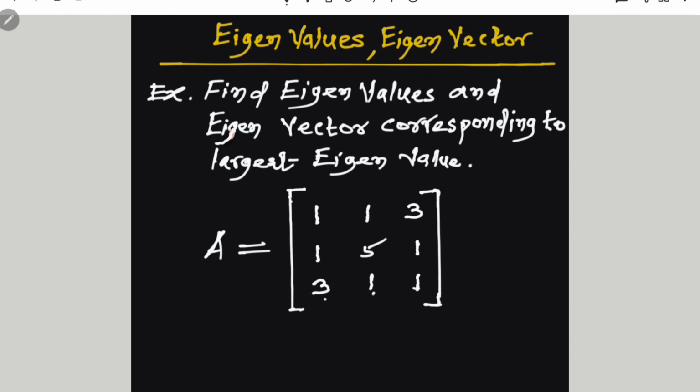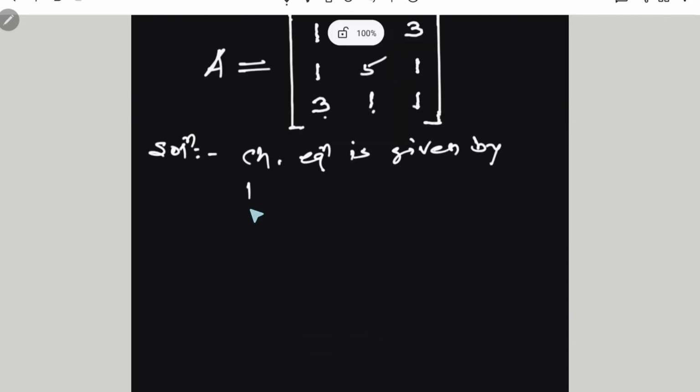And therefore, to obtain the eigenvalues and eigenvector, first of all, we have to obtain the characteristic equation. That characteristic equation is given by determinant of A minus lambda I is equal to 0.